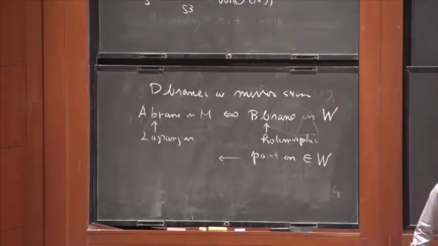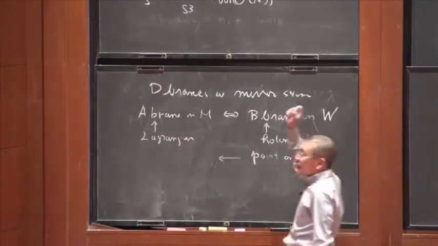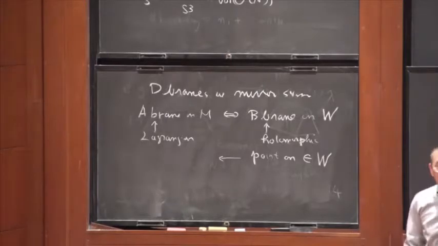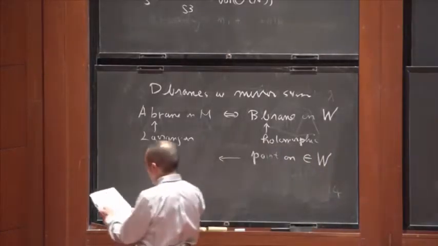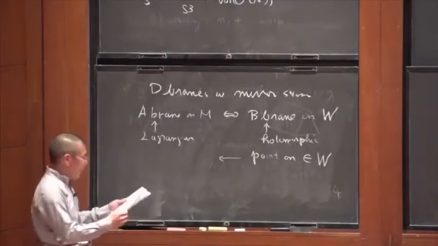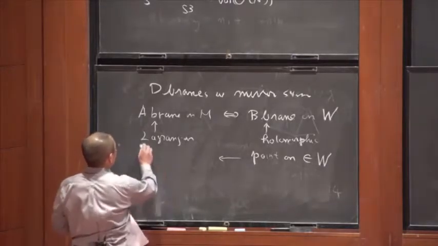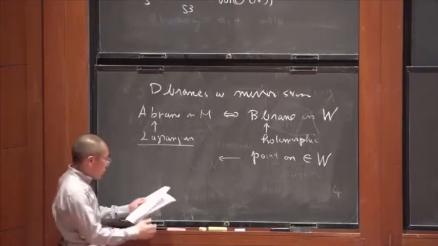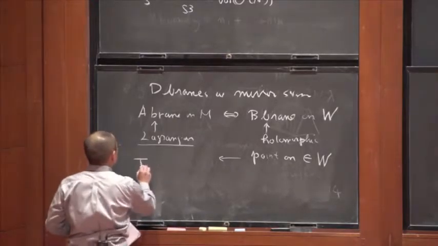In particular, it's complex three-dimensional space. Now, you can ask what kind of Lagrangian can have a complex three-dimensional moduli space. It turns out that it has to be T3. You can show that if you have a Lagrangian with a three-dimensional moduli space, then it should be T3.